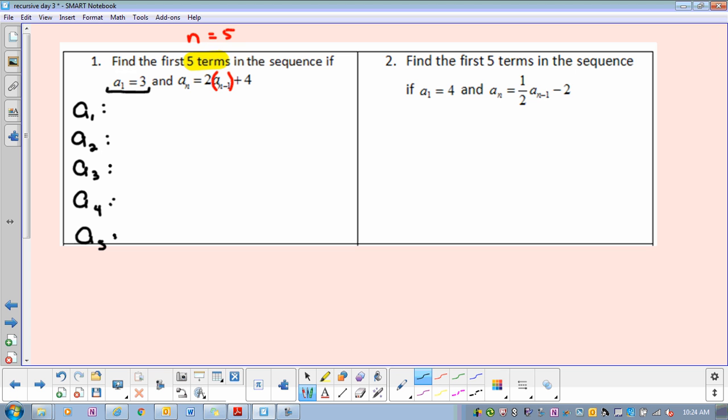Yeah? First one in line, they'll always give you for recursive, okay, is 3. Right? And then look at your formula. The rule. 2 times the number before plus 4. Right?